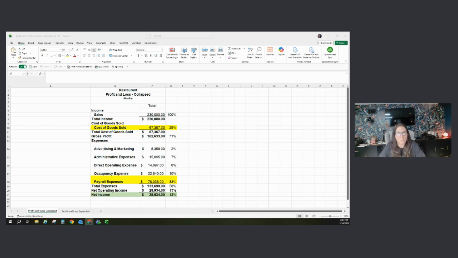Are there industry norms to know what you should be hitting in advertising, in admin, and direct operating? I mean, there can be. But there's always tweaks because every single restaurant is a little bit different. Some restaurants have their occupancy because they're in a prime, maybe outdoor, beautiful new mall location, and they may be running 15 or 16% occupancy, which is high.